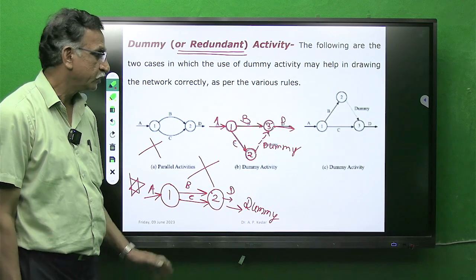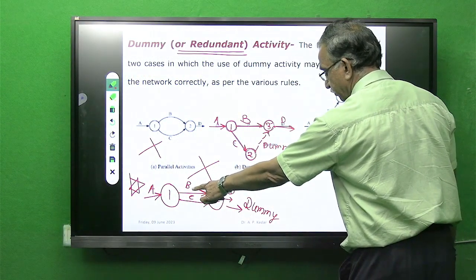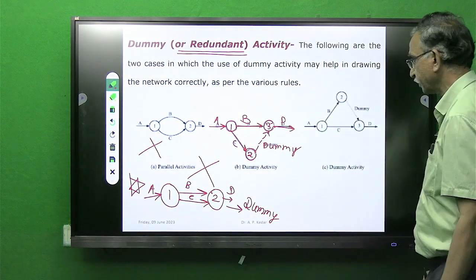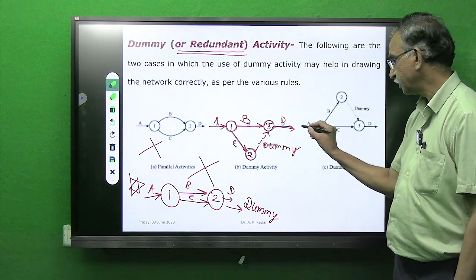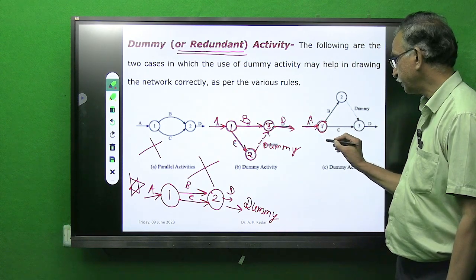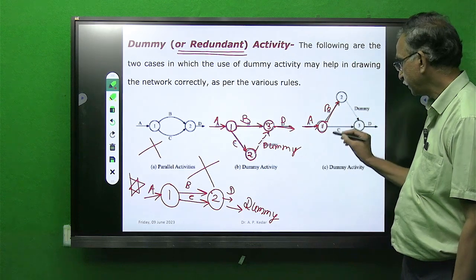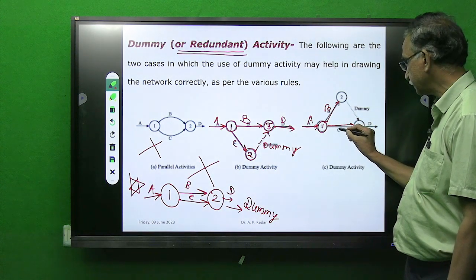Clear? Suppose I want to show the relationship of dummy with B. Same logic. A, 1. Now dummy with B, C natural as it is.